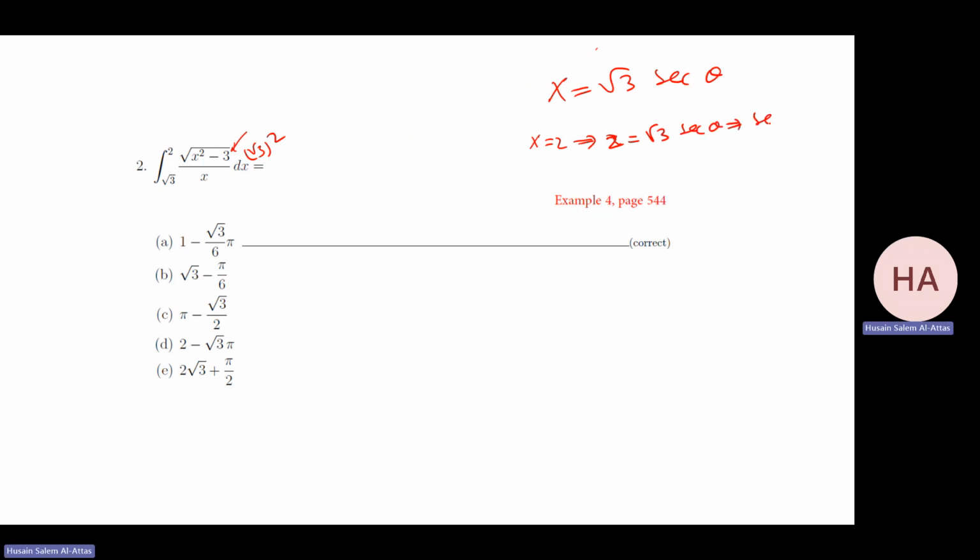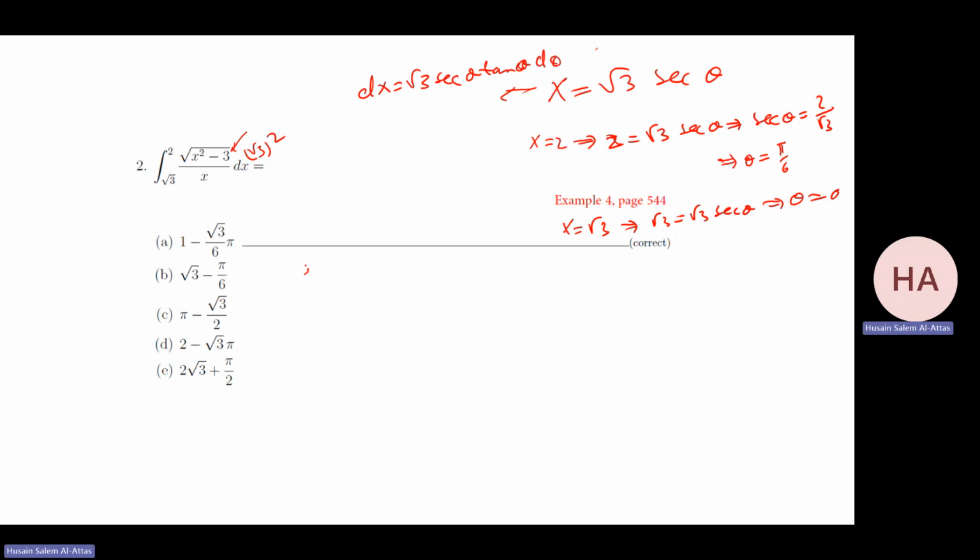We need to be careful with the calculation. If x equals square root of 3, then square root of 3 equals square root of 3 secant theta. So secant is 1, which is theta equals 0. So that integral, and what about dx? Dx will be square root of 3 secant tan theta d theta.